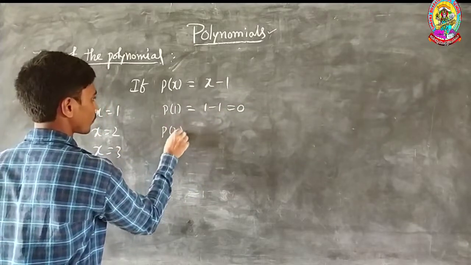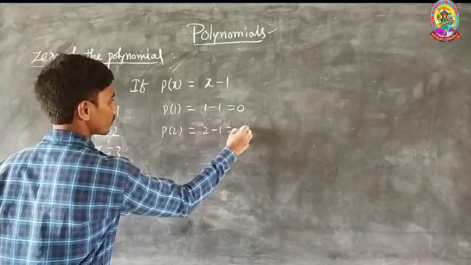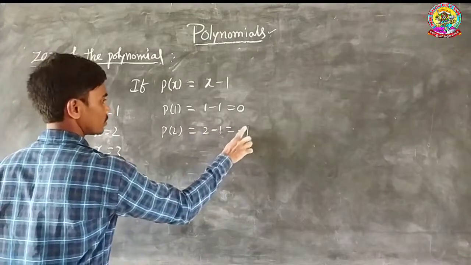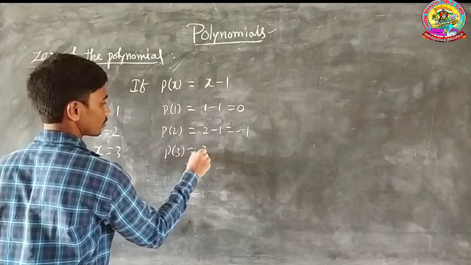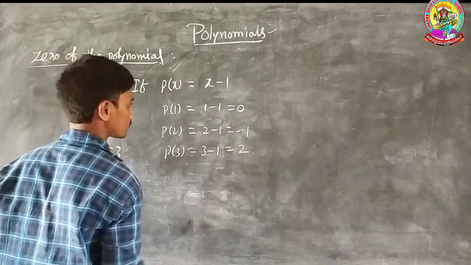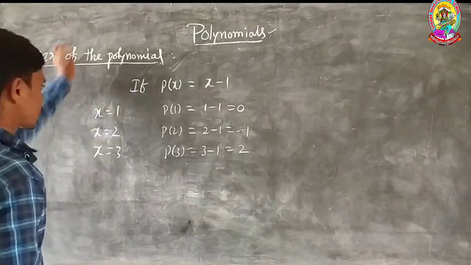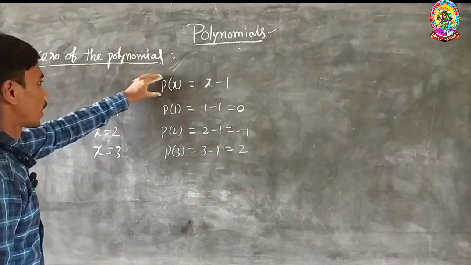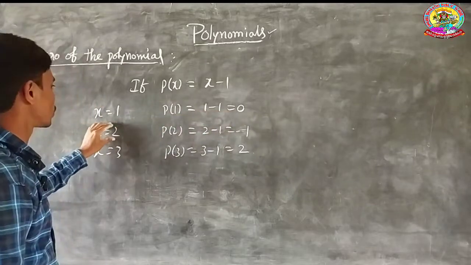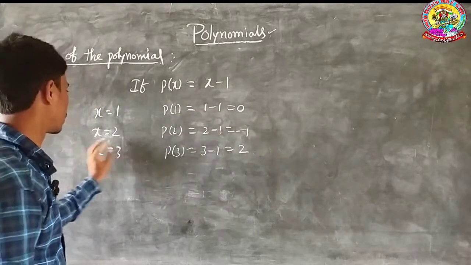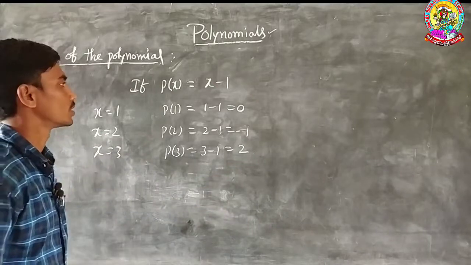Introduce p of 2: 2 minus 1 is equal to 1. X equal to 3, p of 3 is equal to 3 minus 1, which is 2. Clear with that? X is equal to 1, the value of the polynomial is 0. X is equal to 2, the value is 1. X is equal to 3, the value is 2.